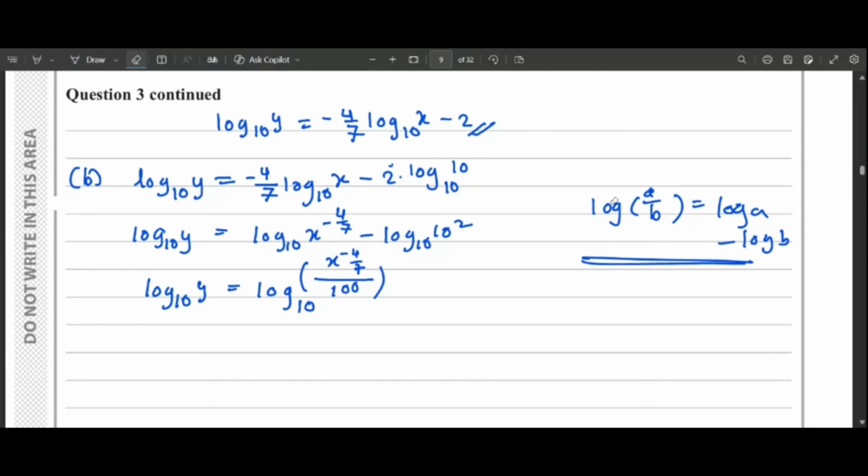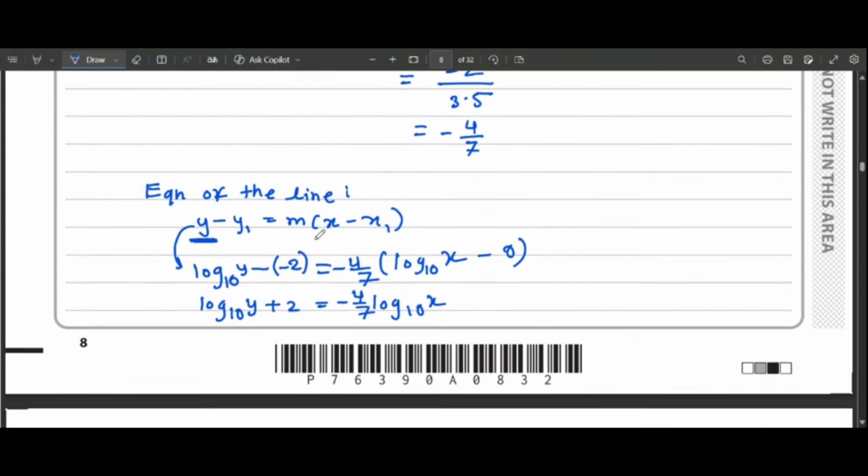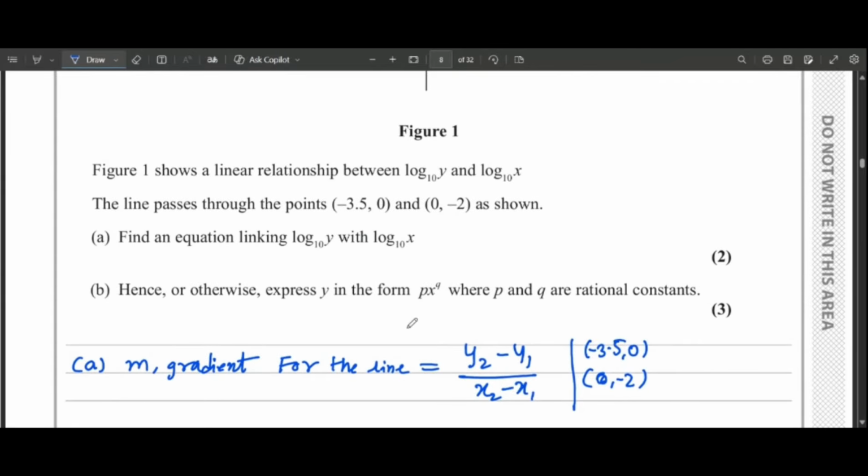The reason we are doing this is so that we can bring log with the same base on both sides of our equation, and then we can compare the sides and equate y. So from this we can say that y is equal to x to the power of -4/7 divided by 100. And this is our answer.